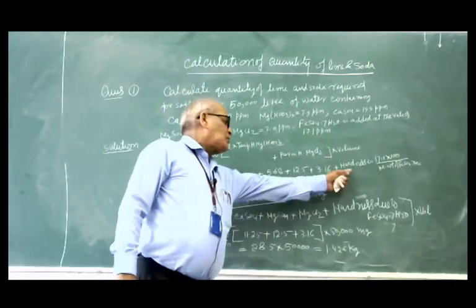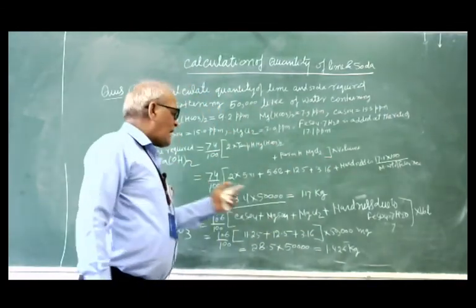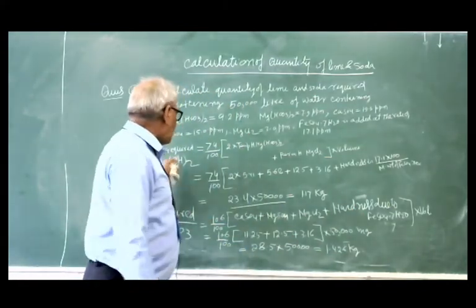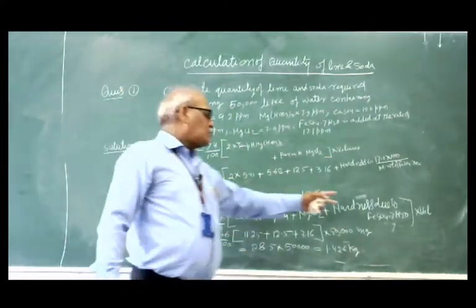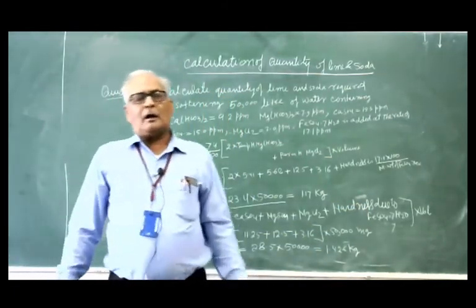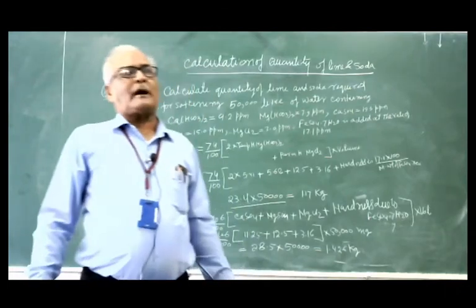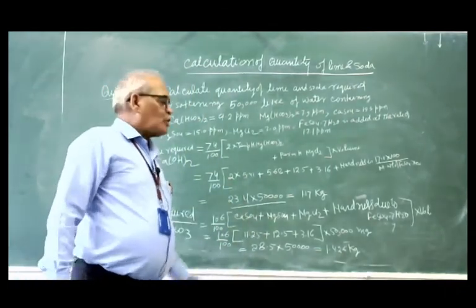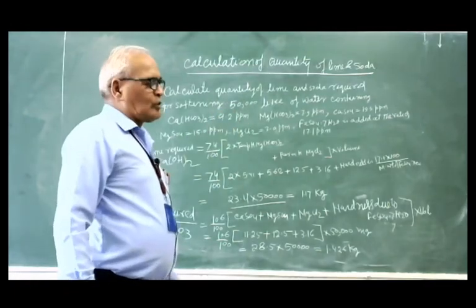So this ferrous sulfate reacts with the lime as well as with the soda, and therefore for calculating lime and soda you have to put the value of hardness created by the ferrous sulfate in the formula. So in this way you can calculate.